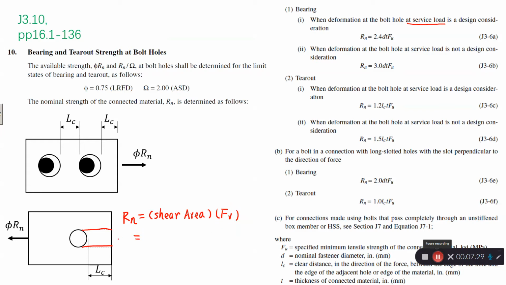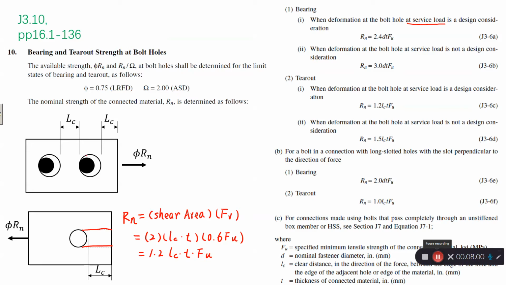We have two planes, so times two, and the shear area of one side is Lc times t. Typically the shear strength is 0.6 times Fu, and we get 1.2 Lc times t times Fu.